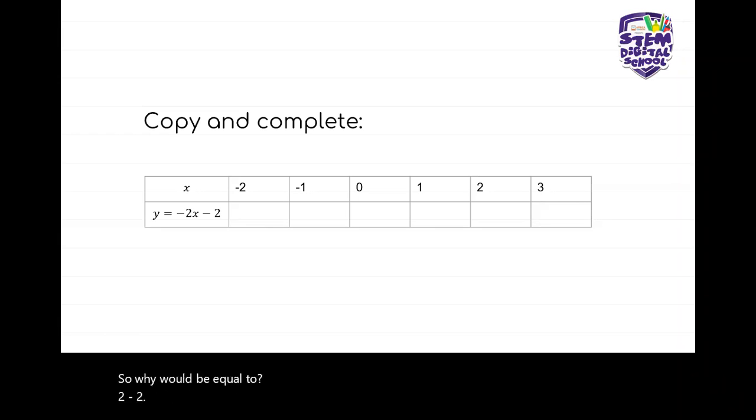All right. And what is 2 minus 2 there? So 2 minus 2 will be 0. Therefore, y is equal to 0. Okay. Now, can we just carry on with the next one? And of course, just to demonstrate, we have x equal to 0 now.